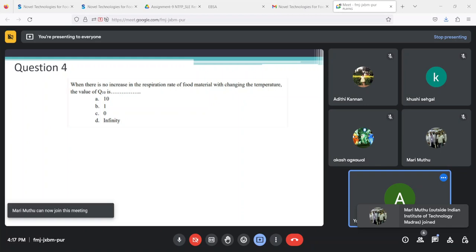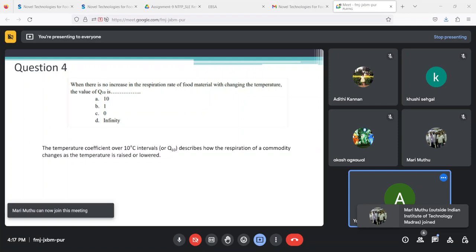So what is a Q10 value? Q10 value is basically the temperature coefficient over 10 degrees Celsius intervals, or Q10 describes how the respiration of a commodity changes as the temperature is raised or lowered.